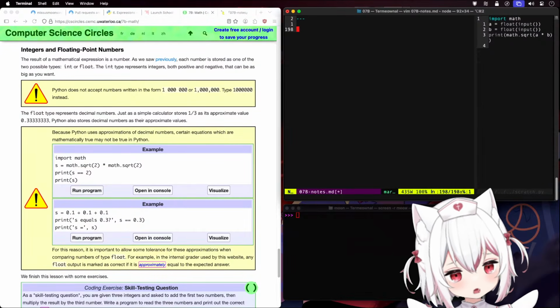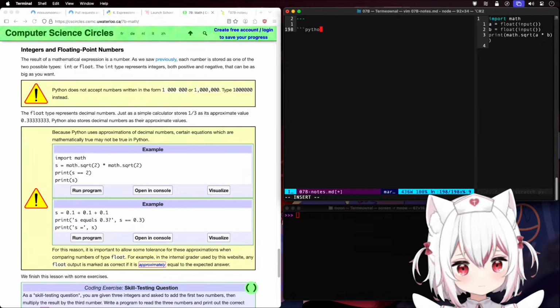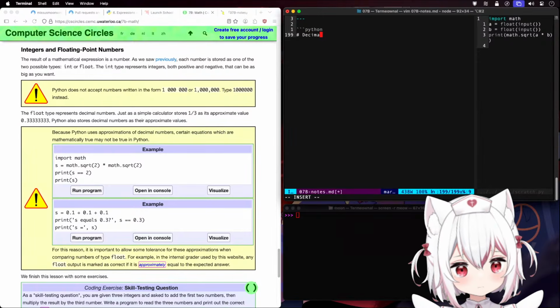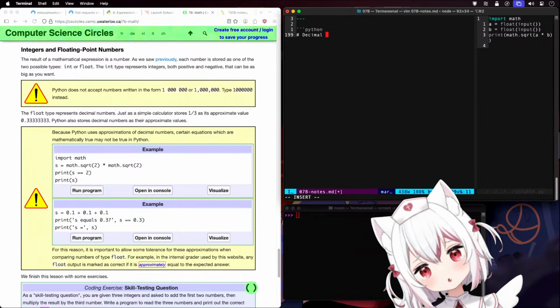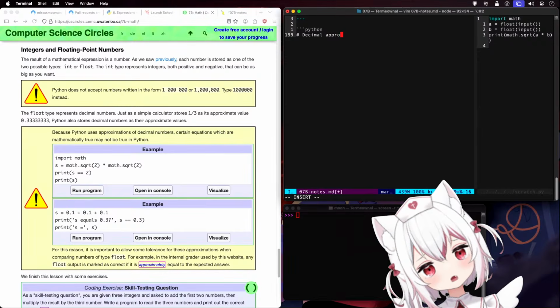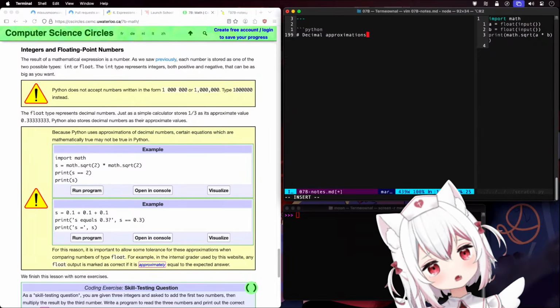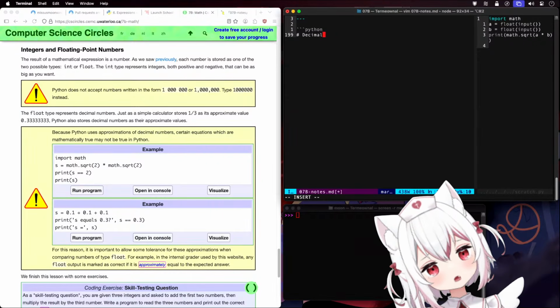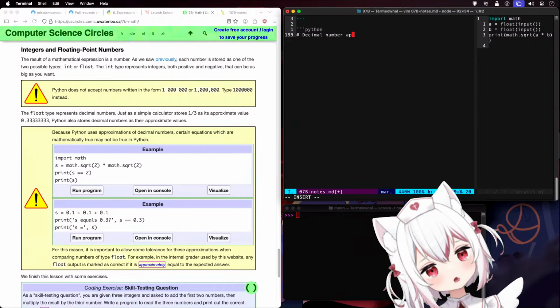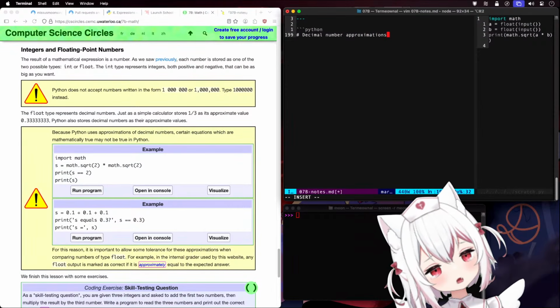Is that right? Another one. Decimal number approximations.